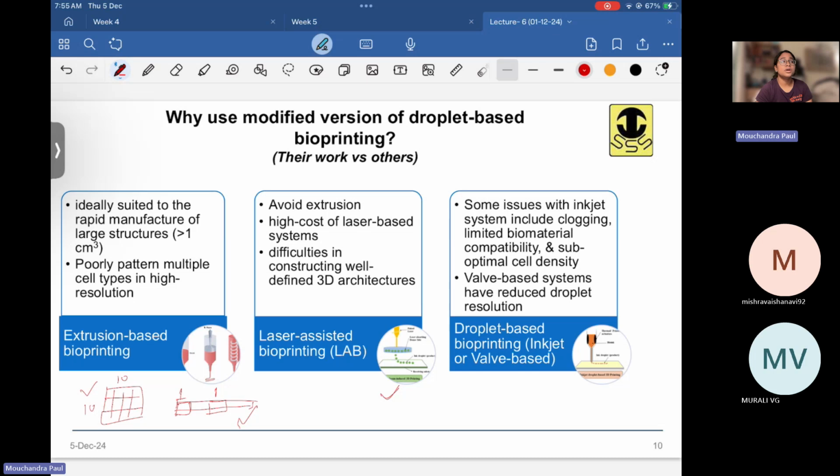So when you do a permutation combination type of study, keeping one parameter constant and the other variable, you can see improvement in your cell viability. We prefer to use shear thinning biomaterials because if you don't use a shear thinning one, then cells are much more subjected to shear stresses.